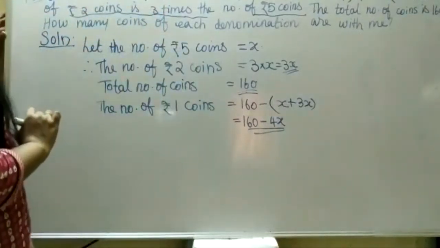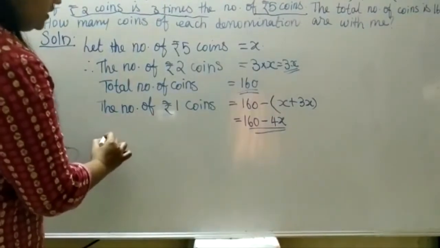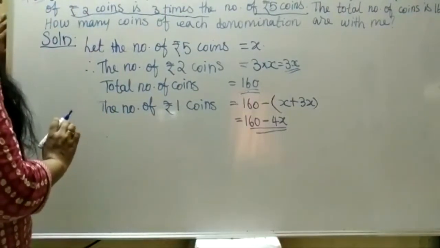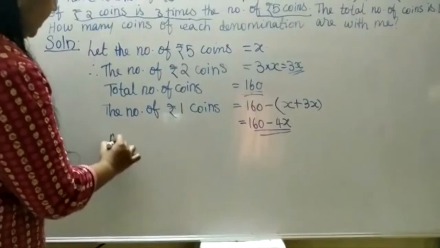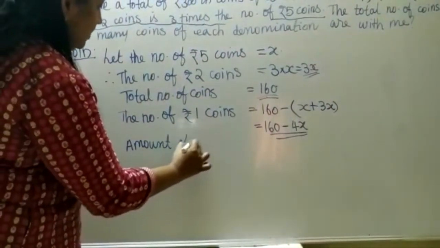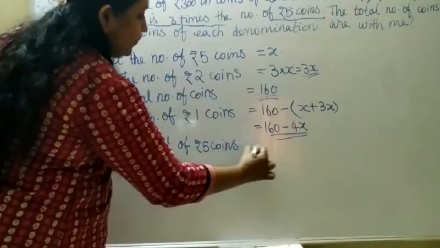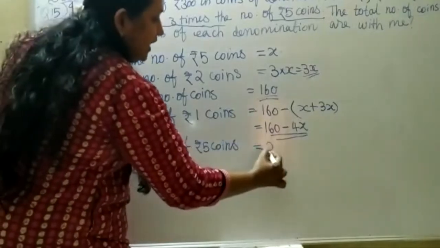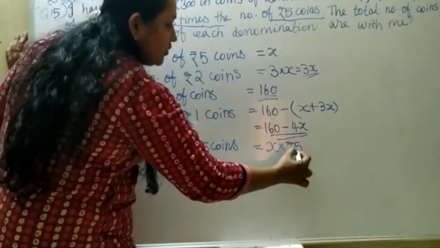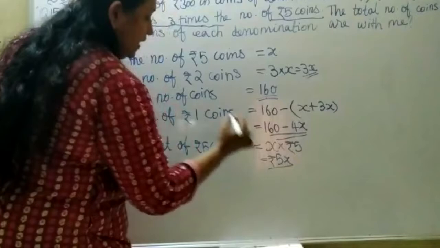Also the total amount is given as rupees 300. Before that we can find the amount for each denomination. The amount of rupees 5 coins is 5 multiplied by x, so we get rupees 5x.